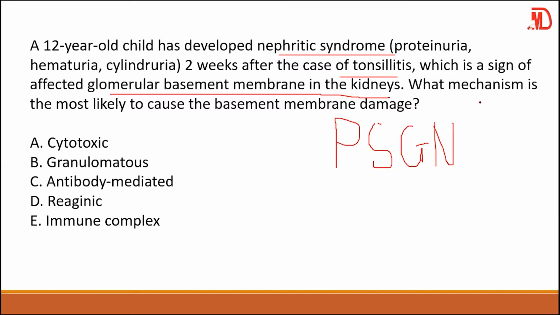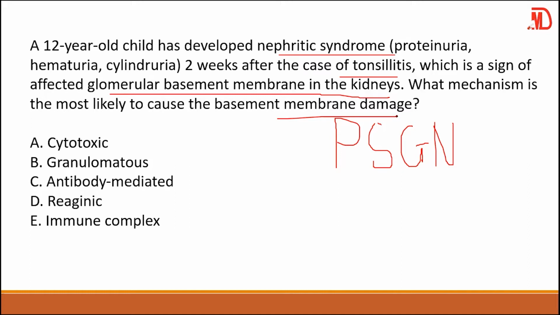But the question is, what mechanism is most likely to cause this damage? What is the mechanism of action? And over here, countless times I've discussed with you the types of hypersensitivity reaction. We have type 1, type 2, type 3, type 4.